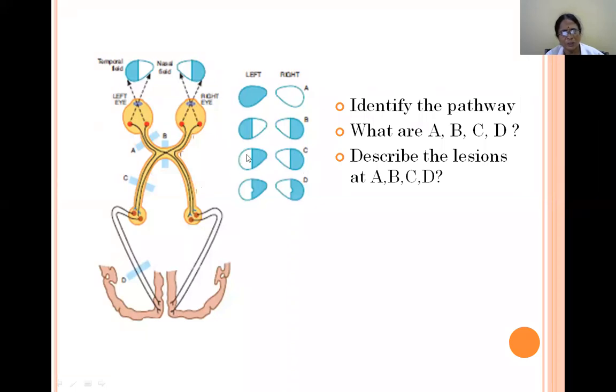Homonymous means same side, both same side. Homonymous, same side; hemi, half; anopia, blindness. It's complete blindness, bitemporal hemianopia, homonymous hemianopia.